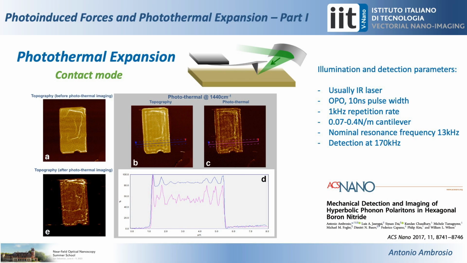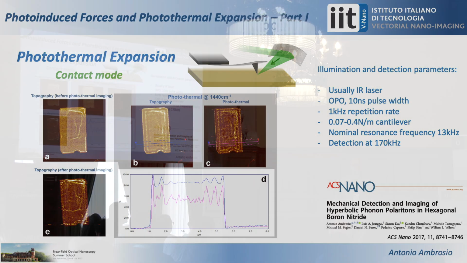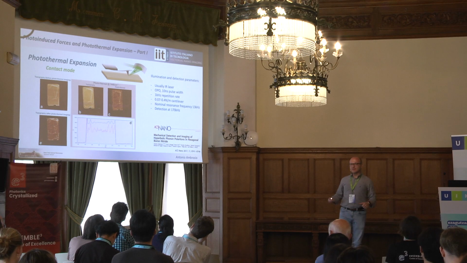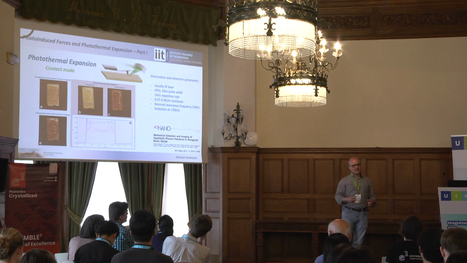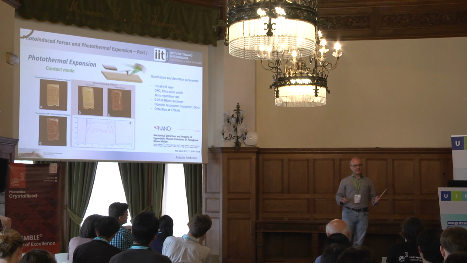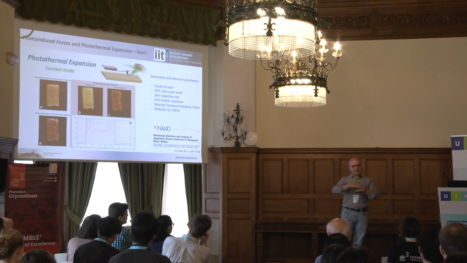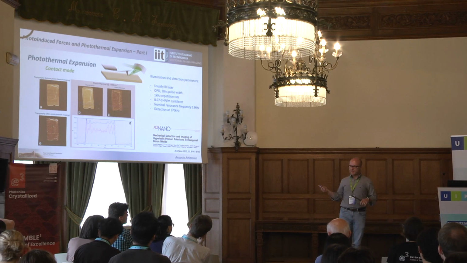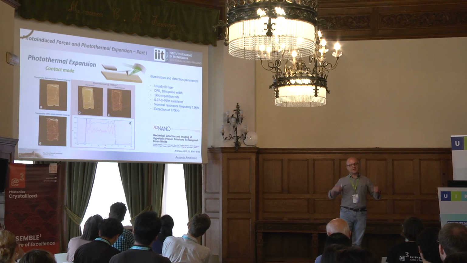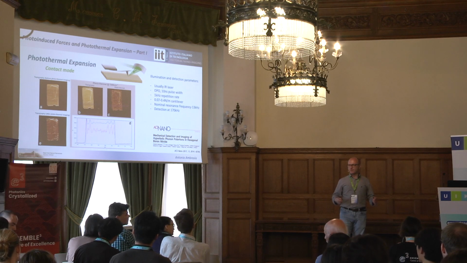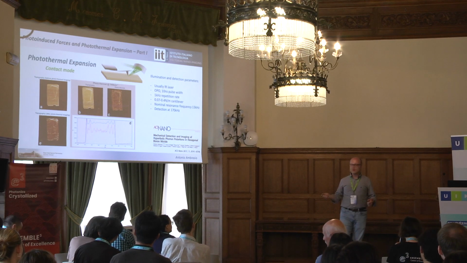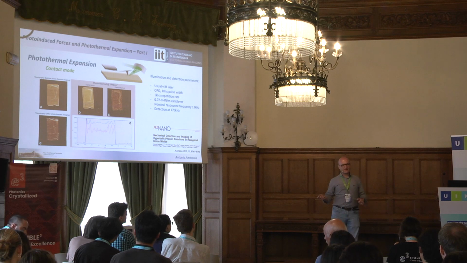But then we said, okay, but as Lucas would say, there is not just sample and tip, right? There is something between. And my suspect is that actually what is contributing is the water that we don't control, the humidity. In either the meniscus or also in interlayer water of this sample, because actually after we annealed the sample, we couldn't find again this kind of effect.